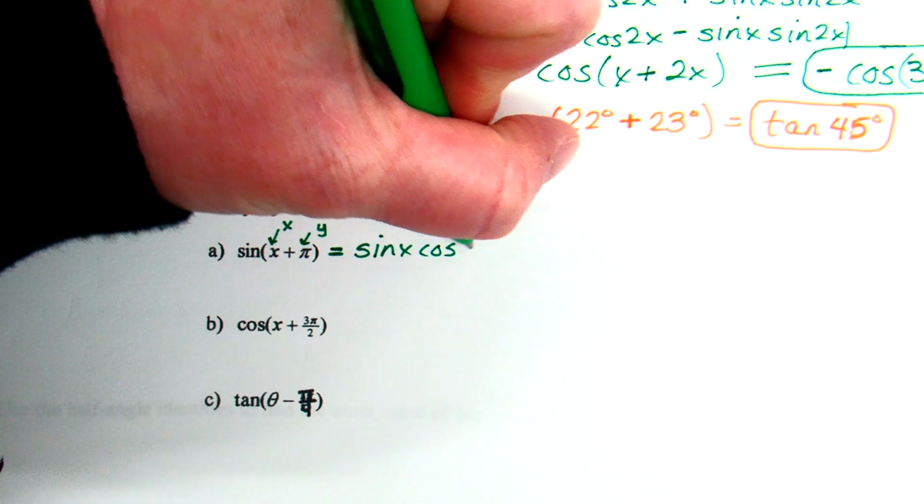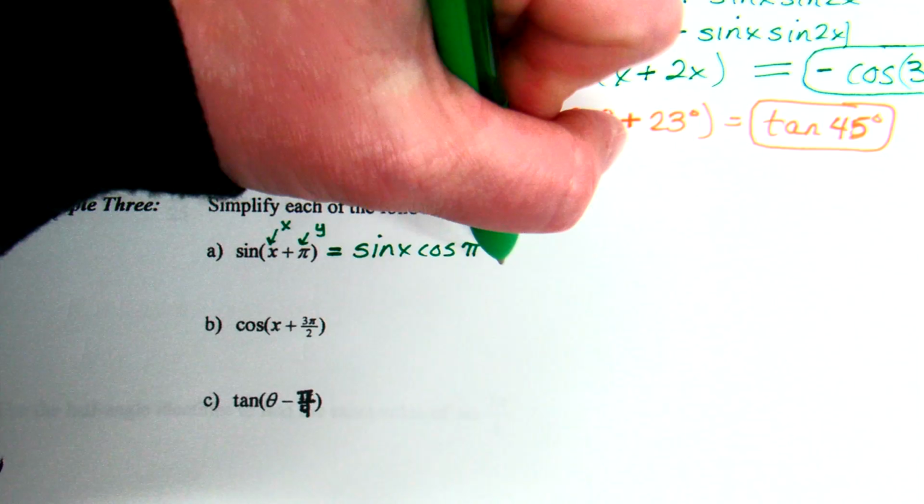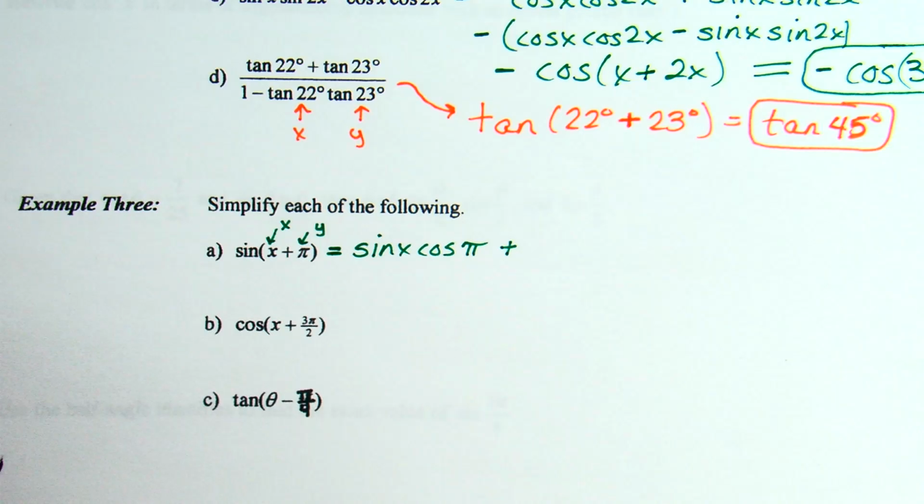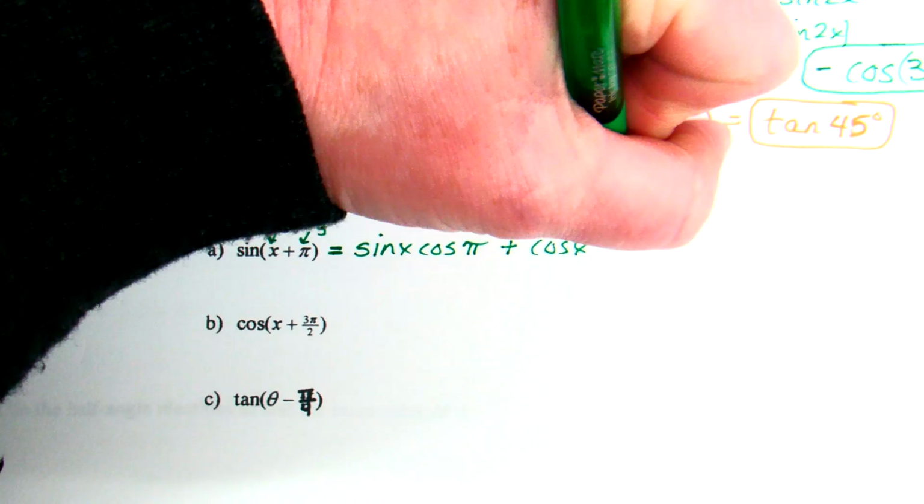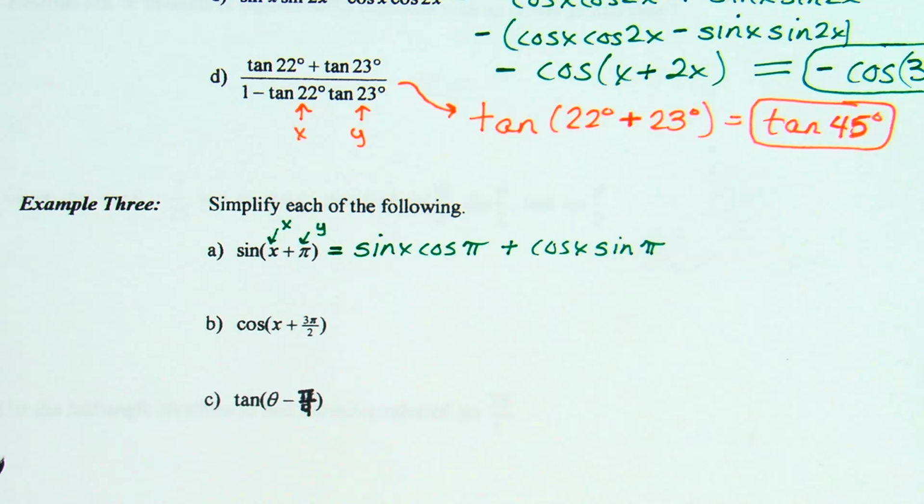So it's sine x cosine pi. It was a plus sign in the middle. What do I use with the sine identity? Keep the same sign. And now it's cosine x sine y. So cosine x sine of pi.